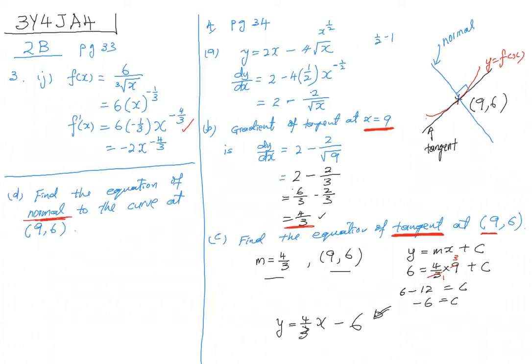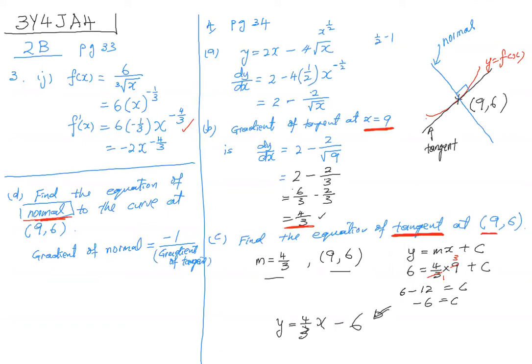So when the question asks for the equation of the normal, what you need to do is, the gradient of the normal times the gradient of tangent is equal to -1. Are you clear?